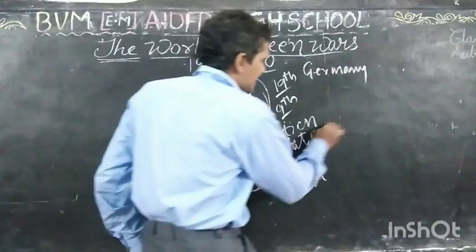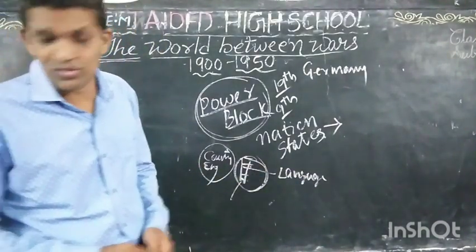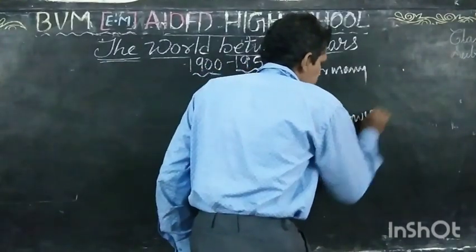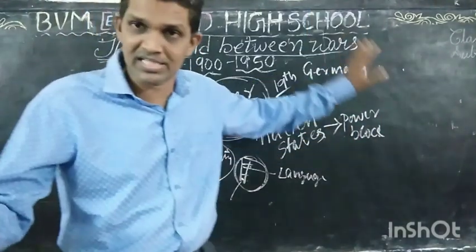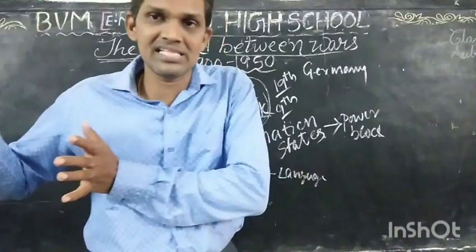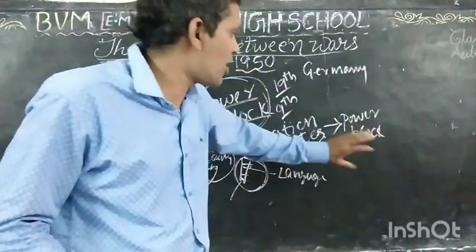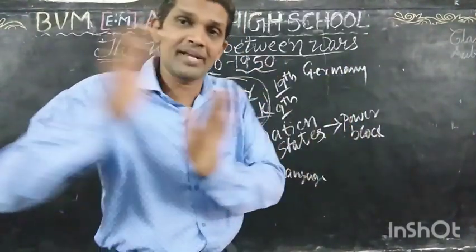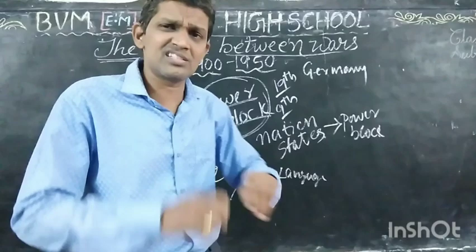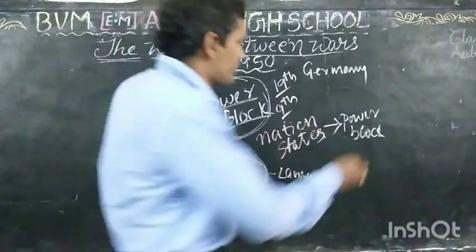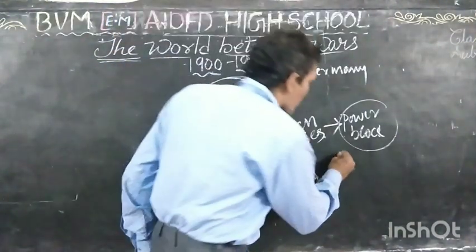They formed alliances. Alliances means groups or friends. So Germany and its friends formed one power block, and Britain and its friends formed another power block. Like that, most of the countries in Europe formed into power blocks, and these power blocks became the war camps.